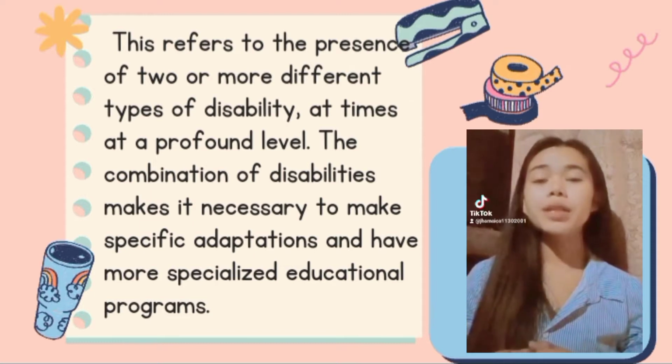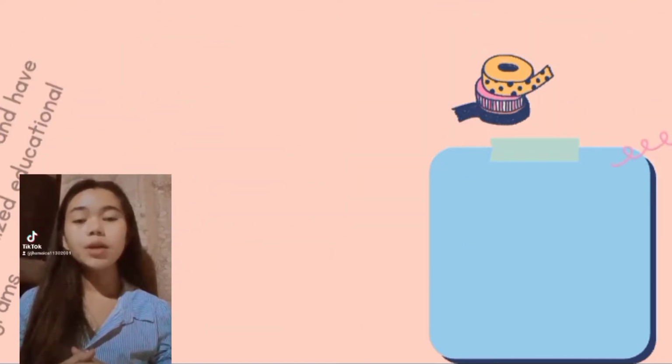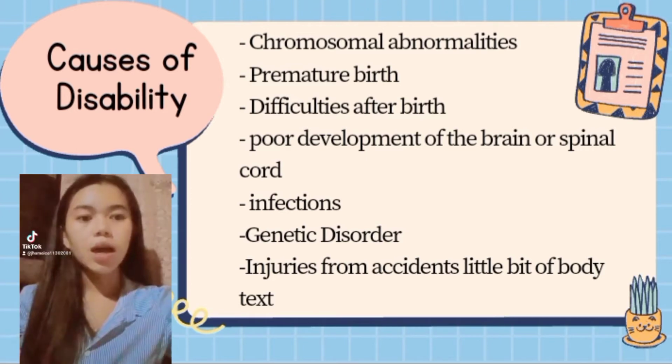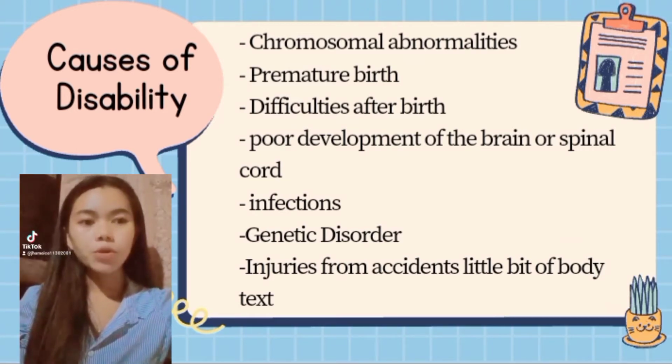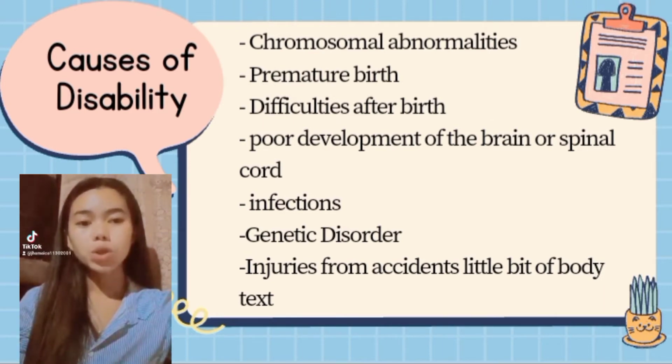So, some might ask what are the causes of disabilities. Here are some causes of disabilities. First, a chromosome abnormality or disorder, an anomaly, aberration or mutation, is a missing, extra or irregular portion of chromosomal DNA.